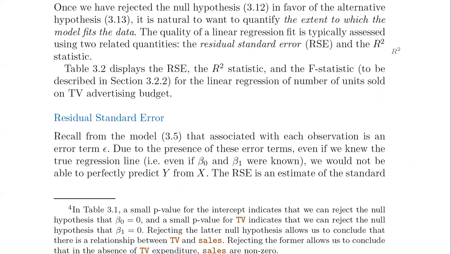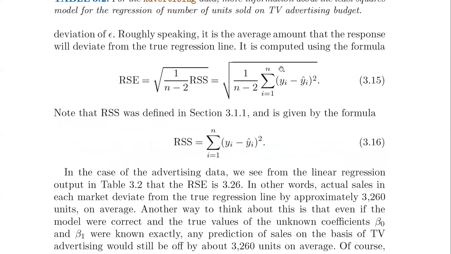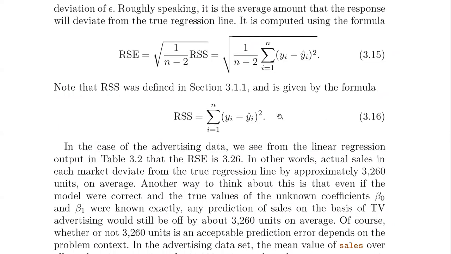Due to the presence of these error terms, even if we knew the true regression line, i.e., even if you knew beta naught and beta 1, we would not be able to perfectly predict y from x. The residual standard error is an estimate of the standard deviation of epsilon, right?